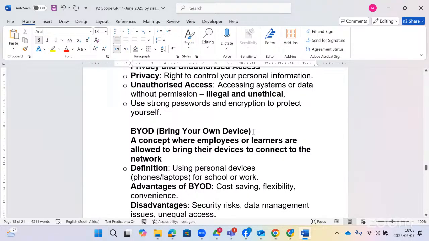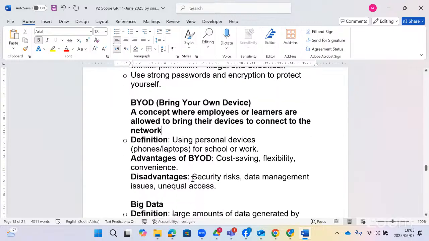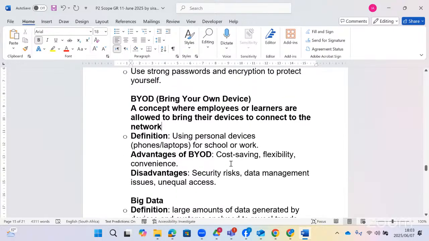So here, some schools even use BYOD, whereby learners bring their tablets and then all the work is kept on the tablet. So that's what is called the BYOD. Now, advantages: cost saving.